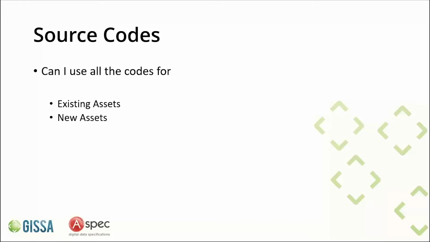Okay, now here's something really important to focus on. Can I use all the codes for both the existing assets and the new assets? The short answer is no. There are some codes that you cannot use for new assets, and they include codes for capturing from aerial photography, or digitising from 1 to 2500 metric mapping, or on-screen digitising, or anything else that doesn't reflect that it's been captured in the field.